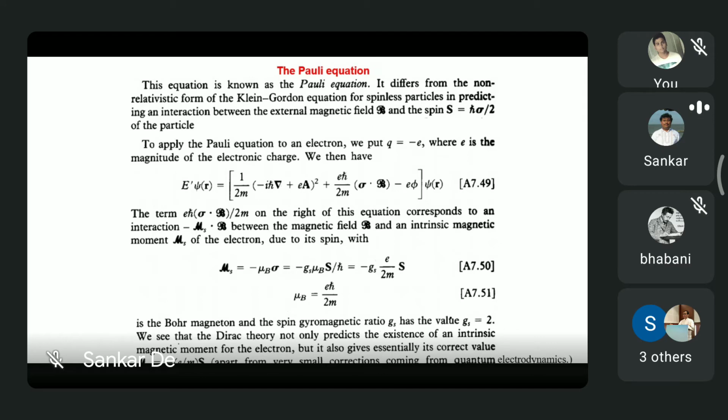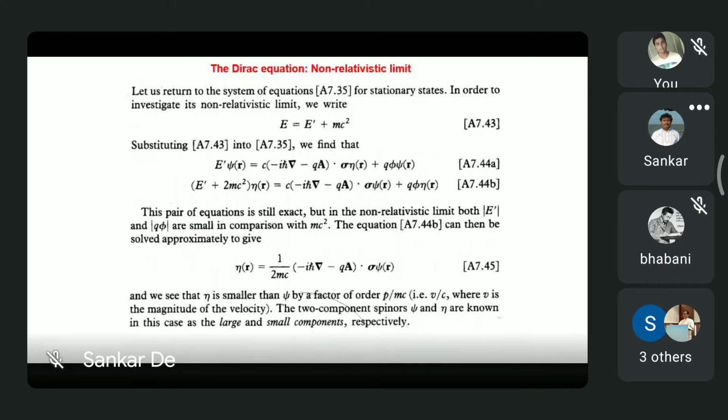Let's just go back once. Can anybody check, work out on a piece of paper. Just write these two equations. Both of them, just copy both of them.